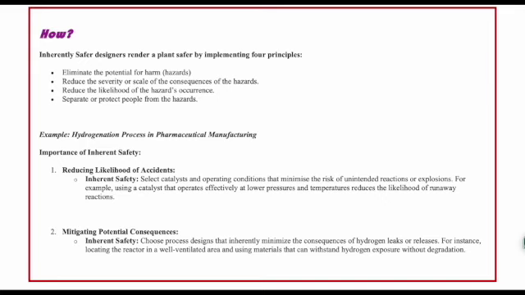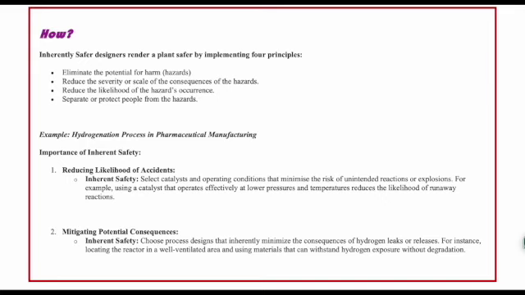This is what any company thinks about, and some companies do have this practice. But if you work according to inherent safety, what will your approach be? You will choose a process design that inherently minimizes the consequences of the leakage or release of hydrogen.